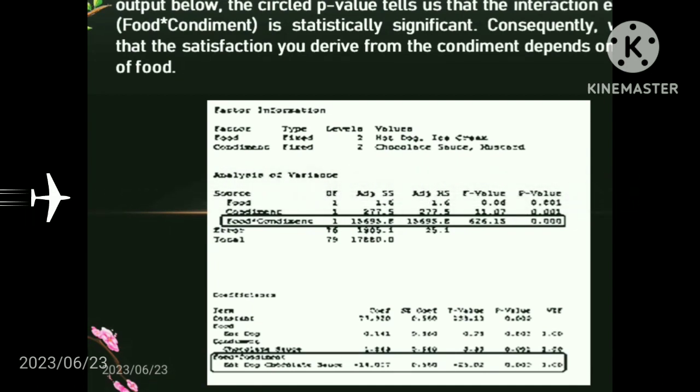In our source are food, condiment, and food and condiment. And we have degree of freedom, adjusted sums of squares, adjusted means of squares, F value, and P value. So in our food, the degree of freedom is 1. Adjusted sums of squares is 1.6, same with adjusted means of squares.